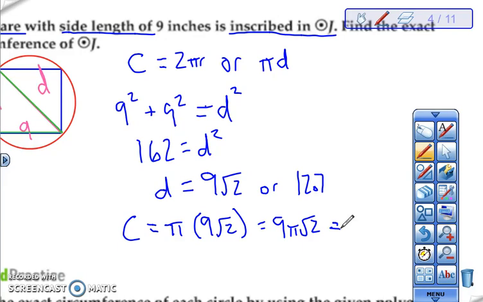And the reason I'm writing it like this is because it tells me it needs an exact figure. If it wanted you to round or give an approximate figure, you could put 40.0. Since it says exact, this is the best answer to put. And it was measured in inches.